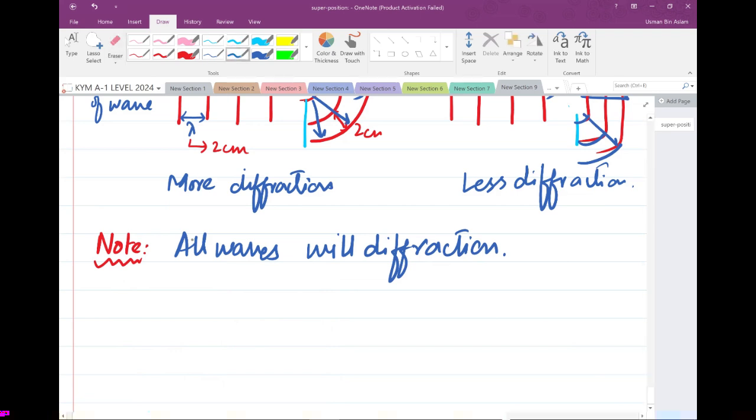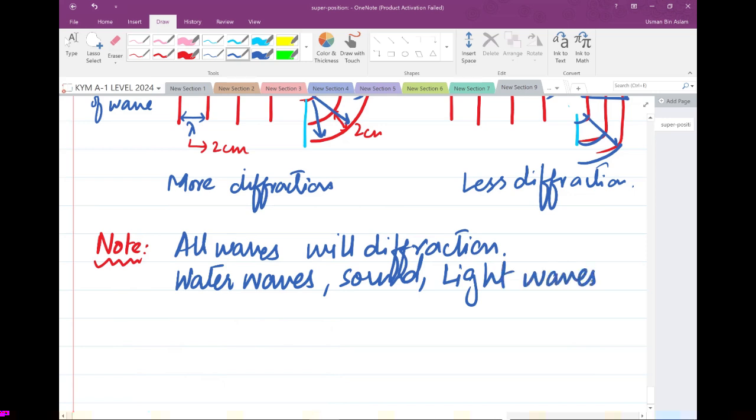For example, water waves will show us diffraction. Sound will also show us diffraction. Light waves will also show us diffraction. All kinds of waves, which are waves to the best of our knowledge, will show us diffraction.